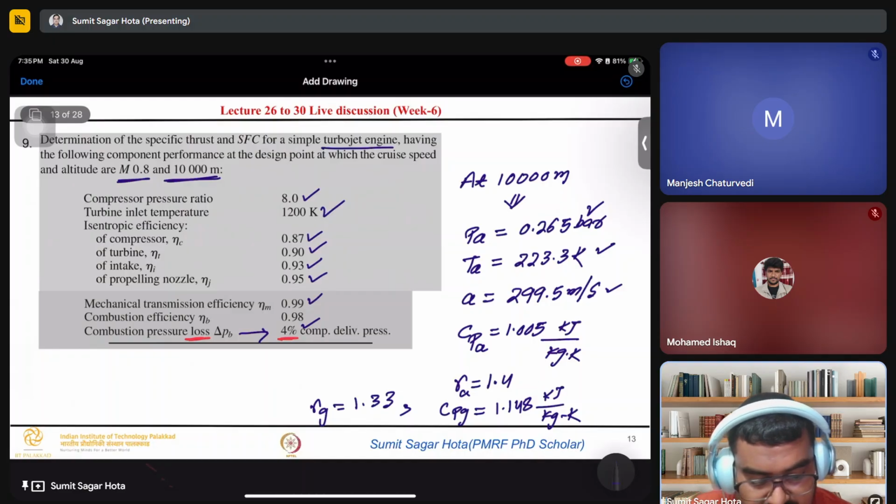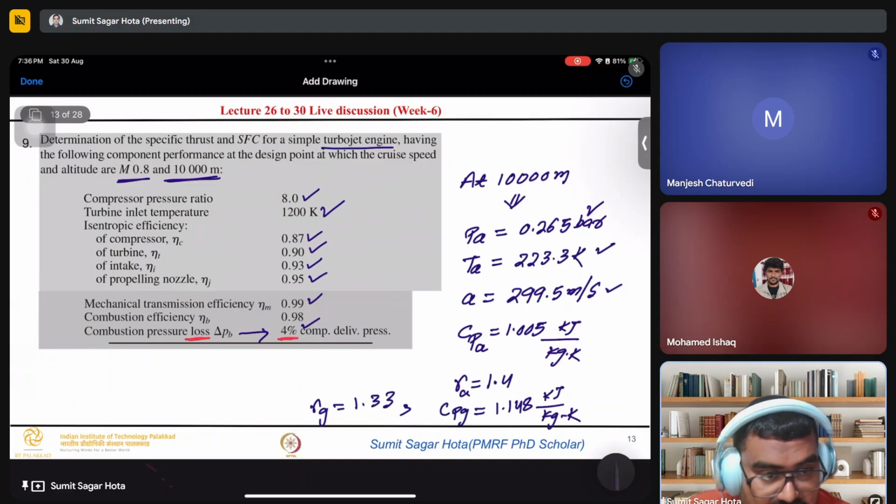One very good question, if I were there, I would ask: a turbojet engine is operating at an altitude of 10,000 meter with a Mach number of 0.8. Just find out the critical pressure ratio, and the isentropic efficiency of the nozzle is 0.95. This is the only question that will be asked, a one or two line question.